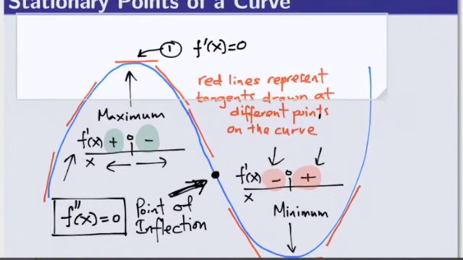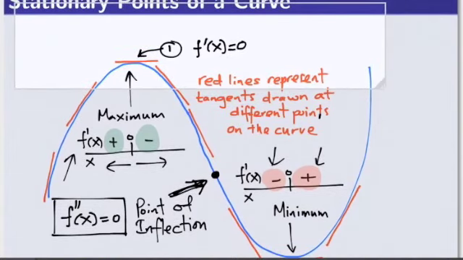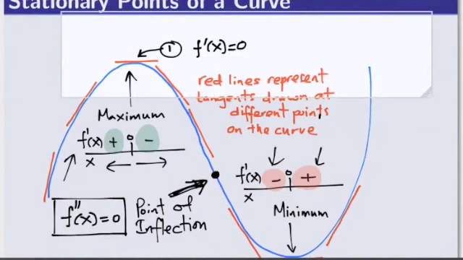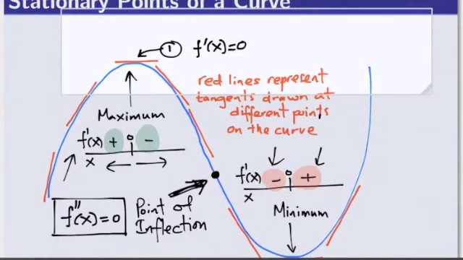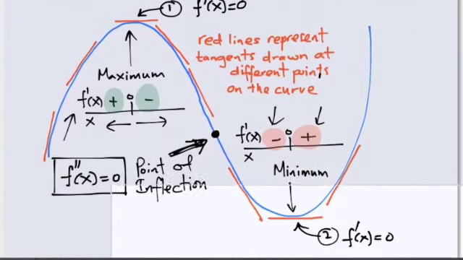Now we could also do a second derivative test to determine if a stationary point is a maximum. At a stationary point, if the second derivative is less than 0, then that stationary point is a maximum.